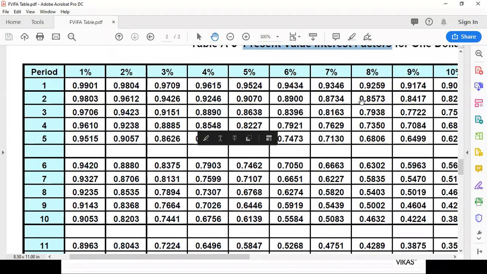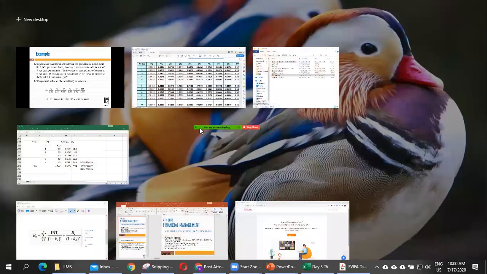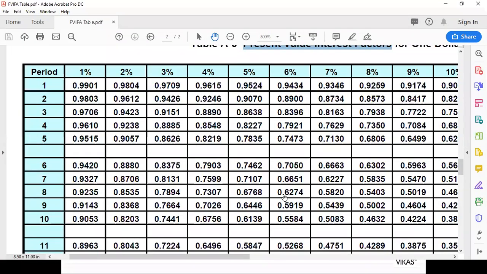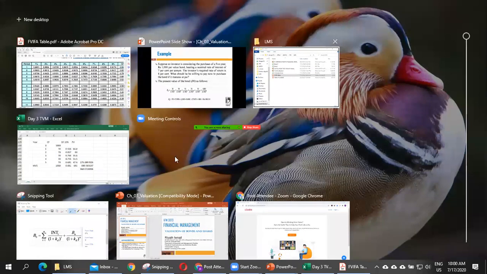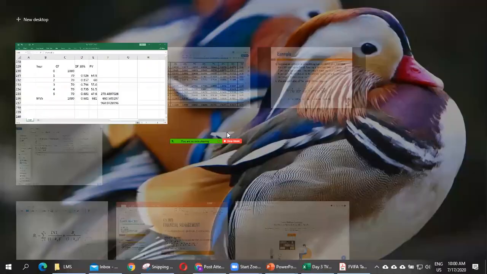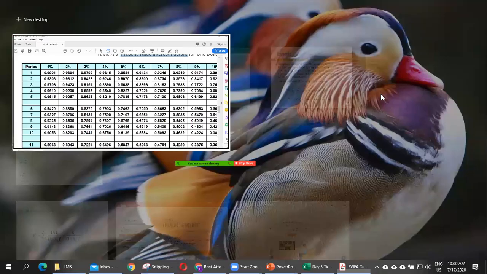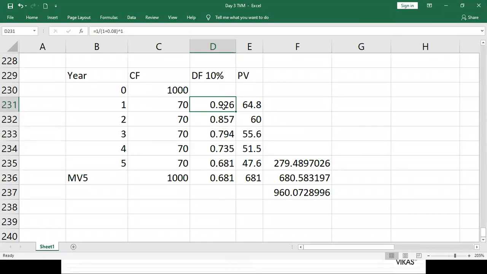And year one, 0.9346. Check the answer. And year two, 0.9259, no? 0.9259. Right.